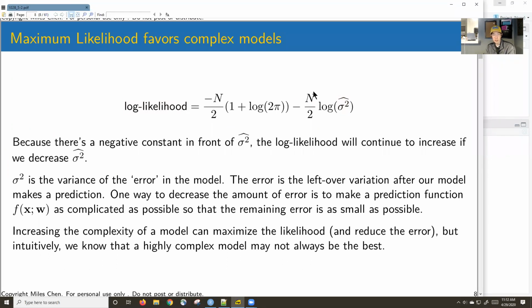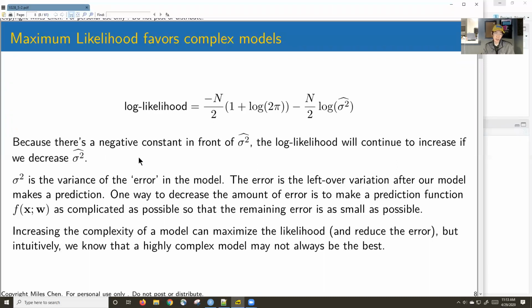Because there's a negative constant, -n/2, in front of log sigma squared hat. So if I decrease sigma squared hat, this value will keep shrinking, and multiplied by a negative, it will just keep growing. And basically my log likelihood will continue to increase.